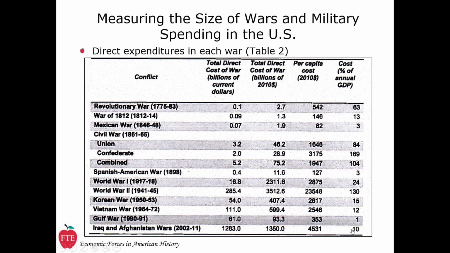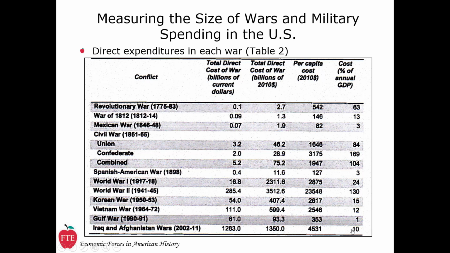And then putting those things into per capita terms. And then looking at the cost of the war in the last column, if we add up the cost of the war over all the years that it ran, how big was that in comparison to the size of their economy at that time? And again, the Civil War and World War II really stand out.